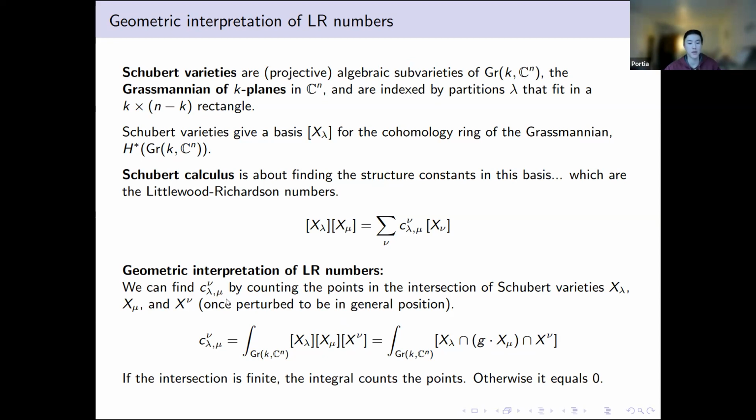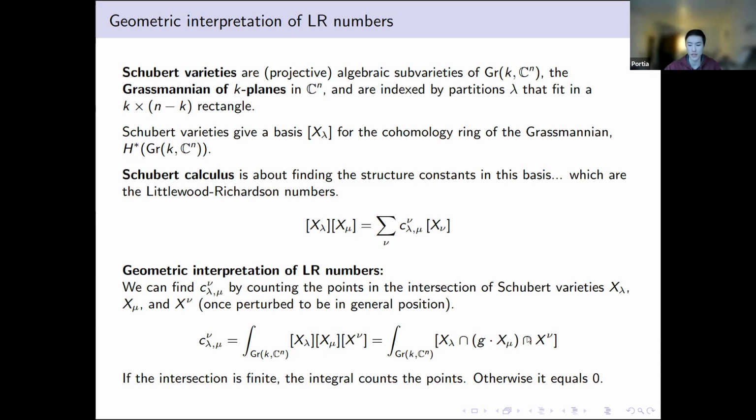Then you perturb them, meaning you move them so that they're in general position, not overlapping each other or in special position in any way, so that the intersection is transverse. Then you count the points in that intersection of 3 Schubert varieties.